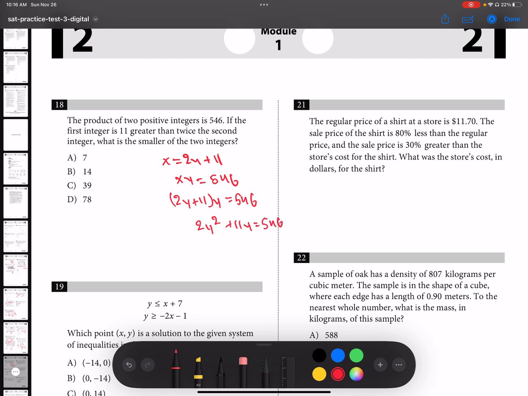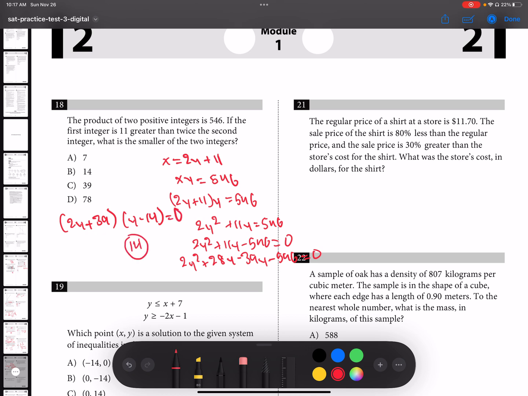And now we're going to do 2y squared plus 11y minus 546 is equal to 0. With this information, we could rewrite it as 2y squared plus 28y minus 39y minus 546 is equal to 0. Simplified, that gives us 2y plus 39 and y minus 14 is equal to 0. So one of the integers definitely would be 14. So our answer would be B.